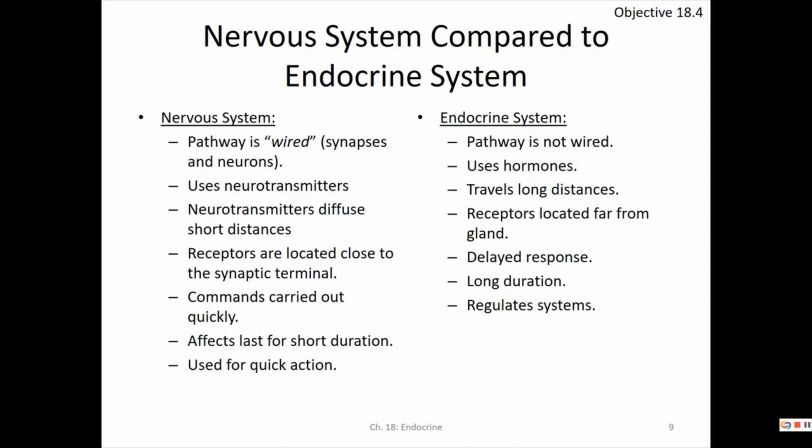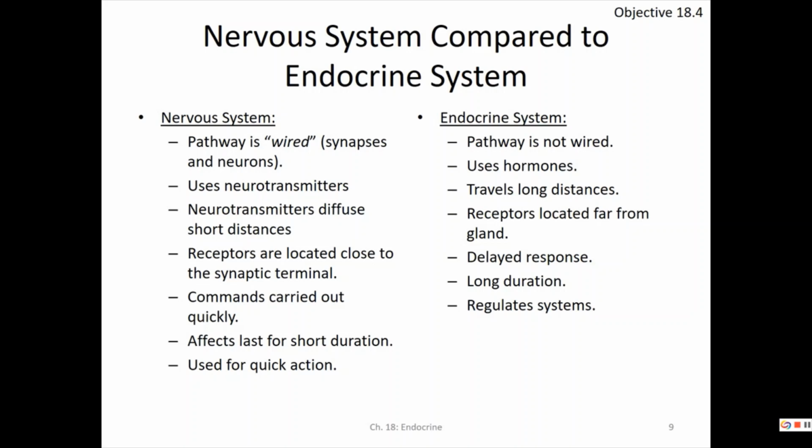It's very close. But with endocrine, the target cell has a receptor, and that could be very far away from the gland, miles of blood vessels away. You can have a pituitary gland up in the brain, and the target cell is down in the gonads on the other end of the body. So that's a long way.